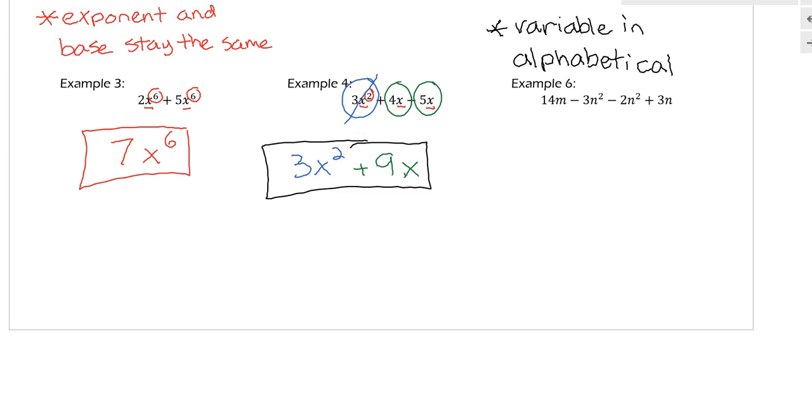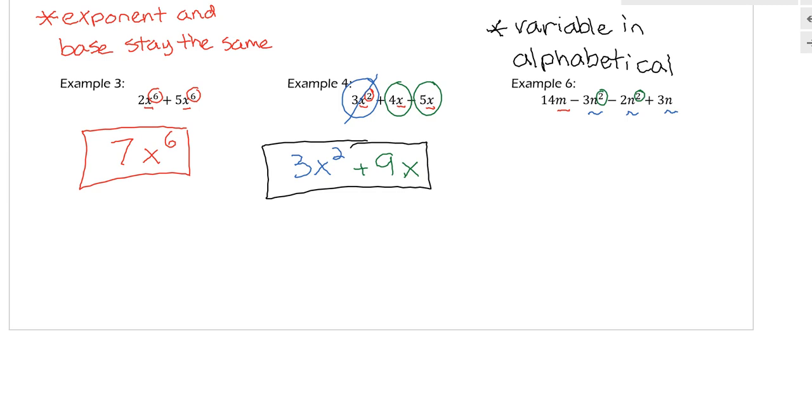All right, looking at our last one, right, I have an m, then I have some n's, then I also have some exponents on some of those n's.